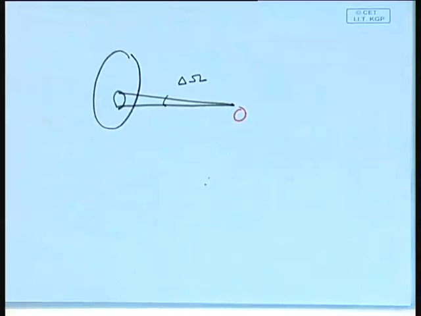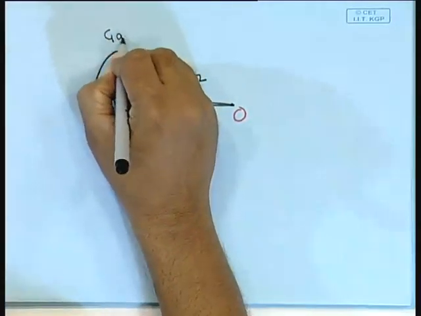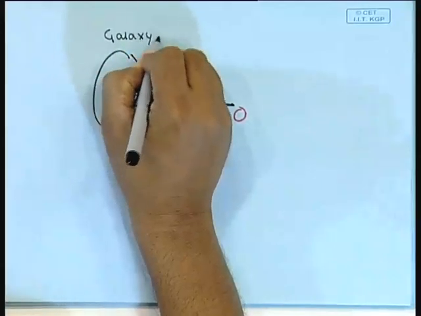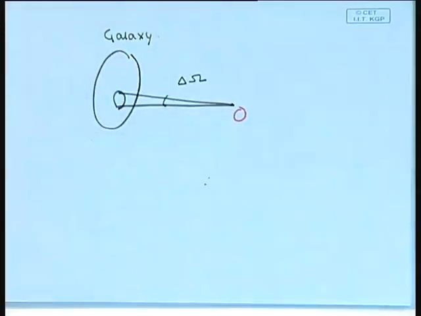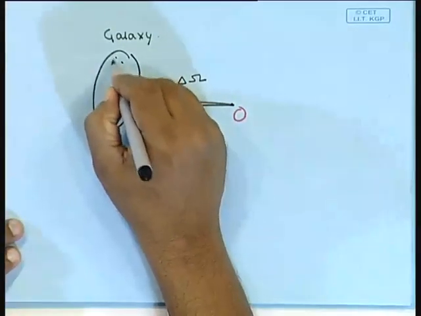Okay. Now, this is a galaxy, and we know that the light in galaxies comes from stars. So, there are discrete stars inside this.